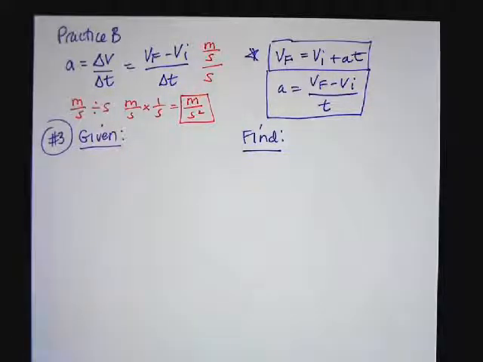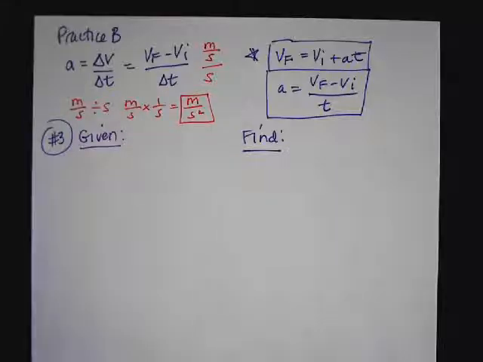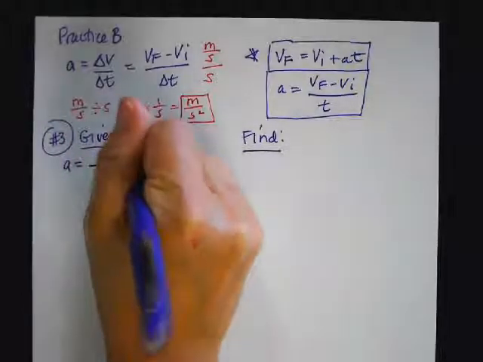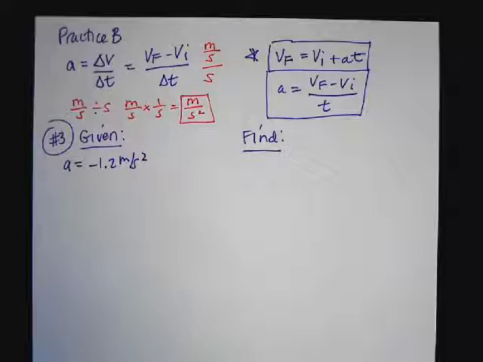So it says, with an average acceleration, so remember, we chunk the problem. We don't just read the whole thing and get confused. As we read something, we write it down. So it says, with an average acceleration of negative 1.2 meters per second squared, so A is equal to negative 1.2 meters per second squared. How long?